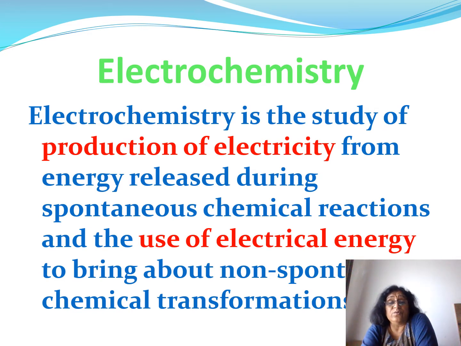We study those cells, and also the cells where you provide electrical energy and only then the chemical transformation occurs. In the first case, a spontaneous chemical reaction brings about production of electricity, while in the second case, electrical energy helps to undergo a non-spontaneous chemical transformation.